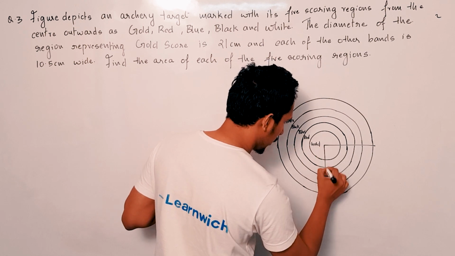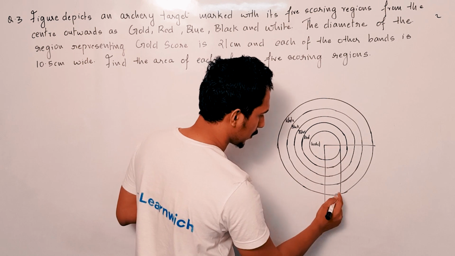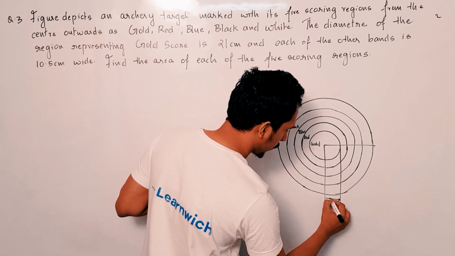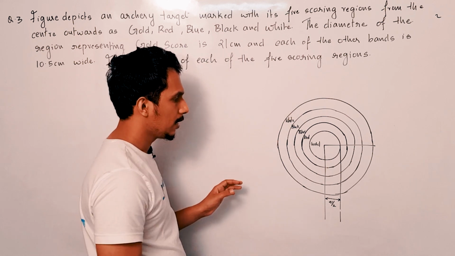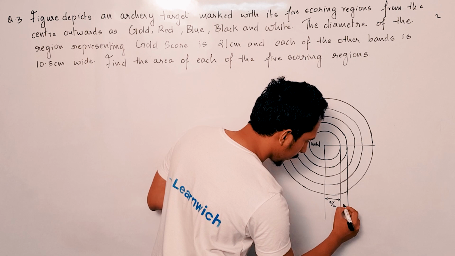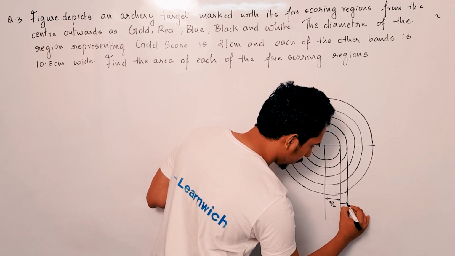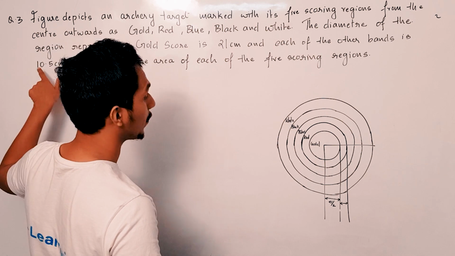So if diameter is 21, then the radius, this much portion, that will be 21 by 2. Right now, they're also telling me that this width here is given as how much? It's given as 10.5.